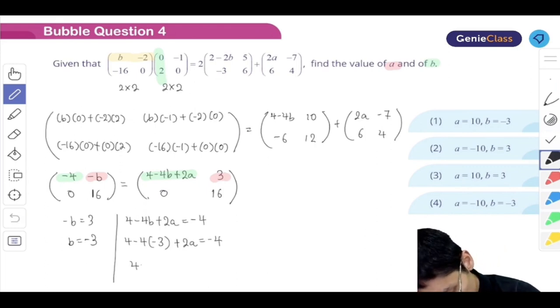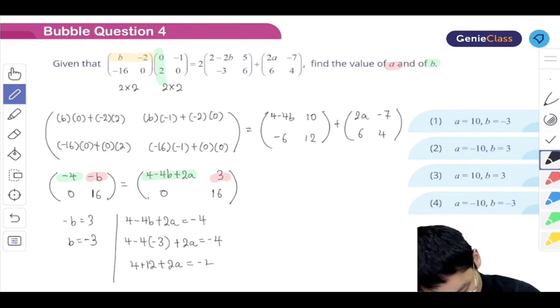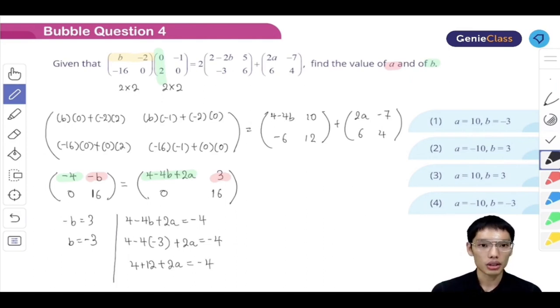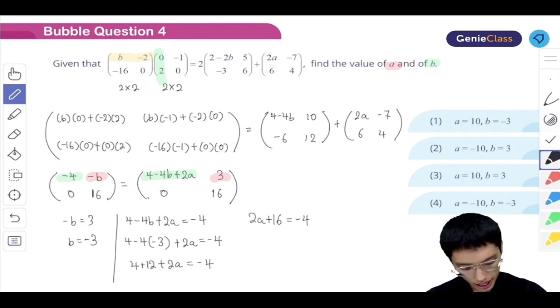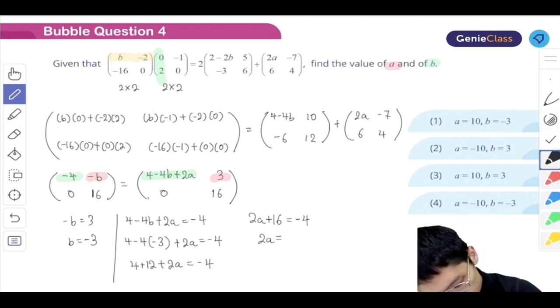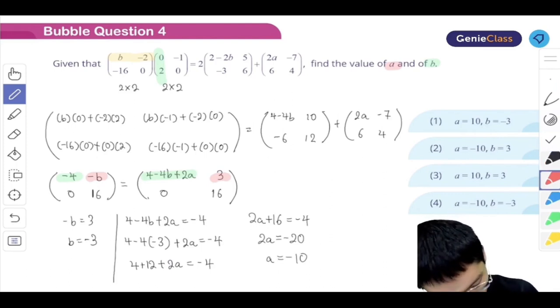So evaluate further, 4 plus 12, 2a is equals to minus 4. Simplify further, I'm going to have 2a plus 16 is equals to minus 4. Simplify again, 2a is equals to minus 20, a is equals to minus 10. And therefore, your answer is both minus, so number 4.